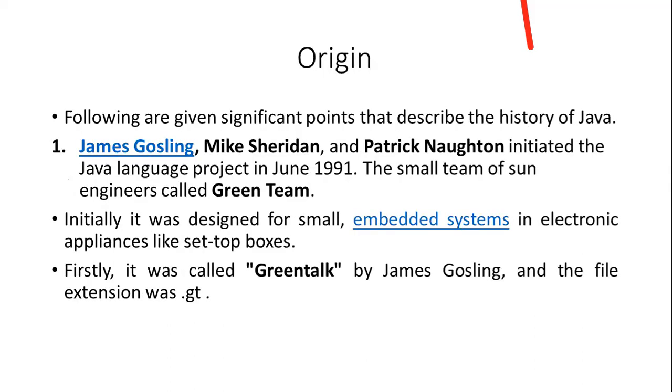Now we will discuss the history of Java. Firstly, Java was developed in 1991 by James Gosling and his team members. The small team of Sun engineers was called the Green Team.